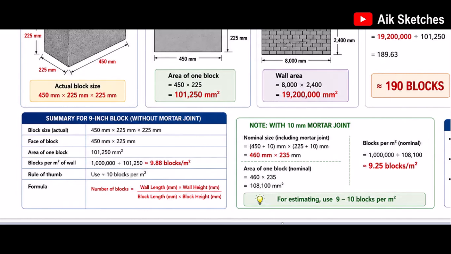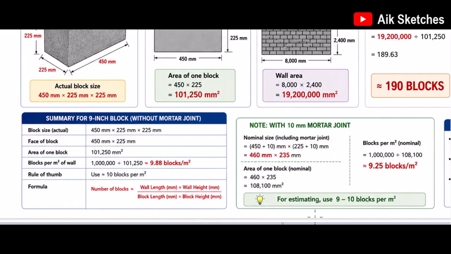So if we are to add a 10 millimeter mortar joint, blocks per meter squared will now be 1 million divided by 108,100, which will be equal to 9.25 blocks per meter squared. That is with a 10 millimeter mortar joint added. For estimating, use 9 to 10 blocks per meter squared.